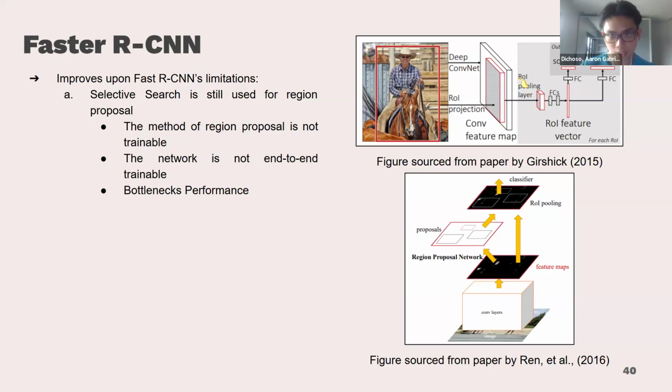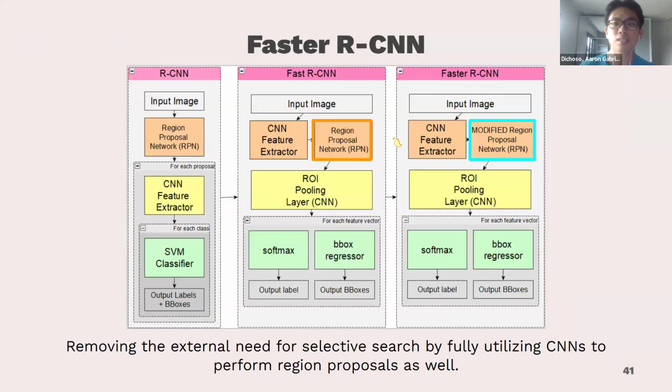However, we are still using the selective search algorithm for fast RCNN. Faster RCNN takes that limitation and says, instead of using the selective search algorithm, let's go all in with using convolutional neural networks. So it modifies this region proposal network into only using convolutional neural networks.